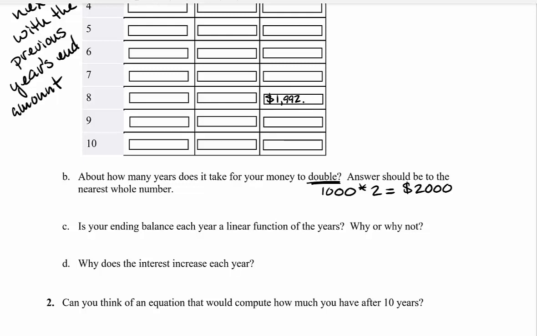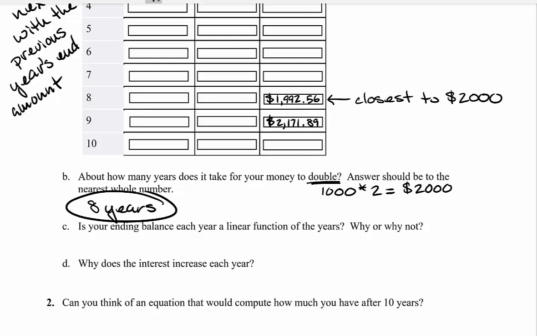And in year 9, you will have 2,171.89. Which of those two numbers is closest to 2,000? This one. This is closest to $2,000. And they said about how many years does it take? So it takes about 8 years for our money to double.